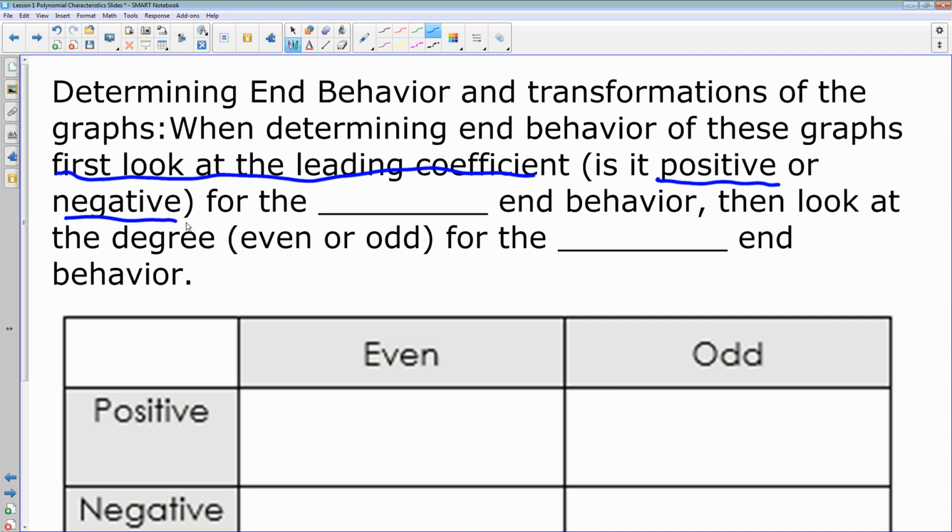You want to have your function with the highest exponent and then working its way down. So that tells you your leading coefficient. And that information, whether it's positive or negative, is going to tell you the right end behavior. And we'll talk about that more in just a moment. Then you look at your degree, whether it's even or odd, for your left end behavior. So those are the two things that we look at.